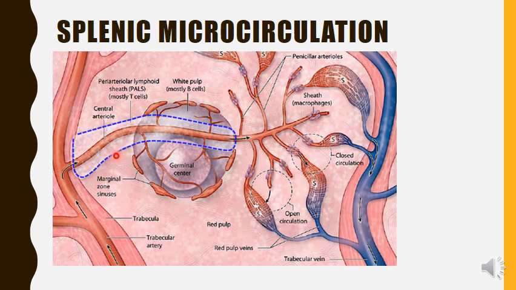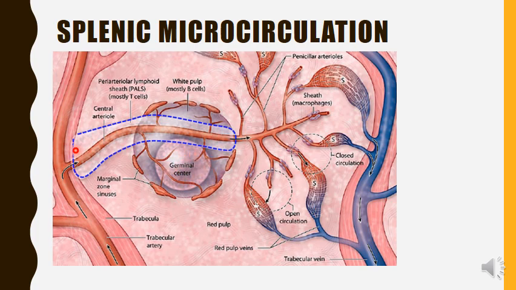So in this image we can see this one is the arteriole. Each arteriole is invested by a lymphatic sheath. This blue thing here is the lymphatic sheath of each arteriole, which consists of lymphocytes with the germinal center. You can see this is the lymphatic nodule.